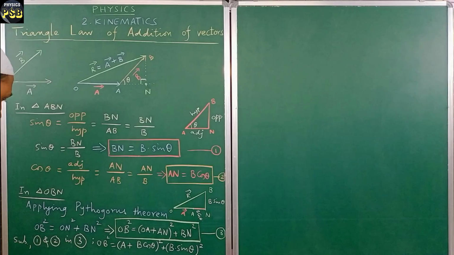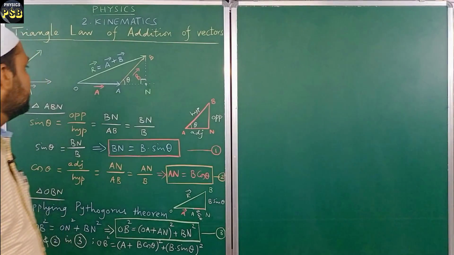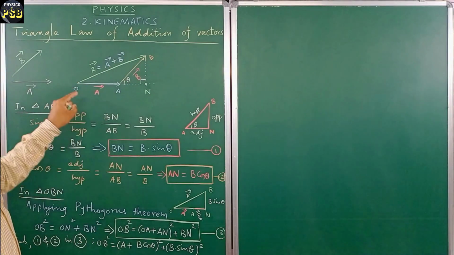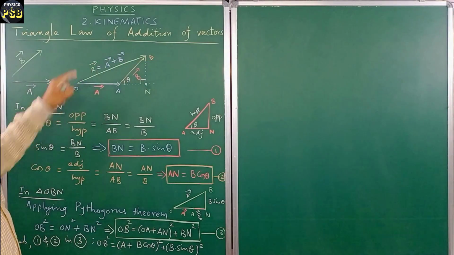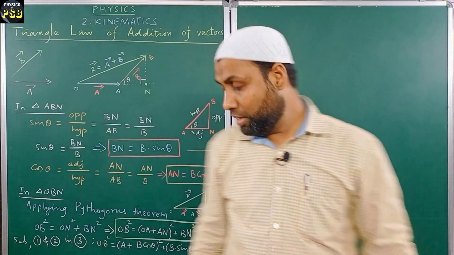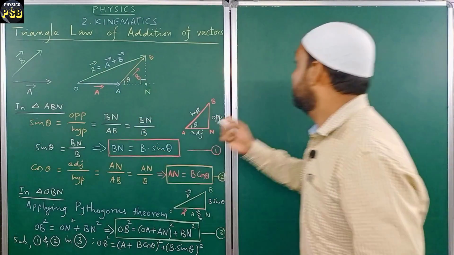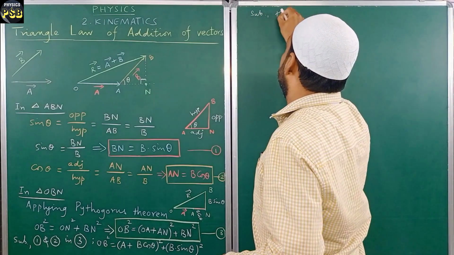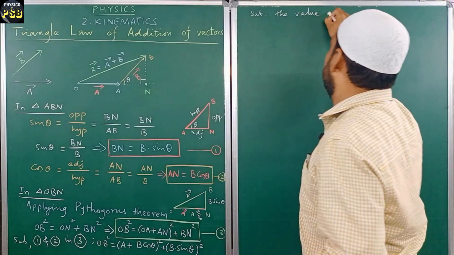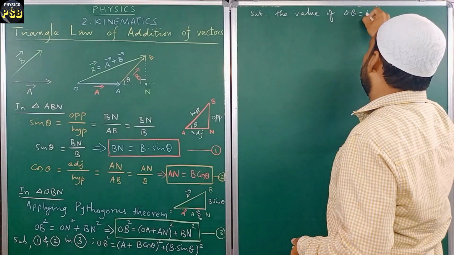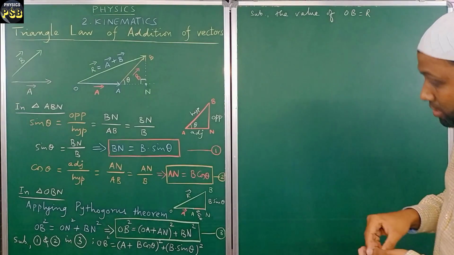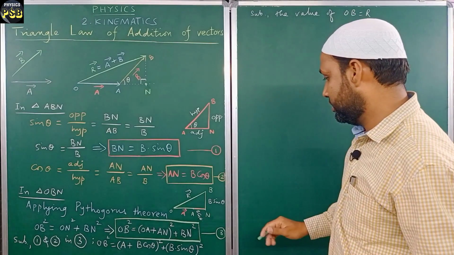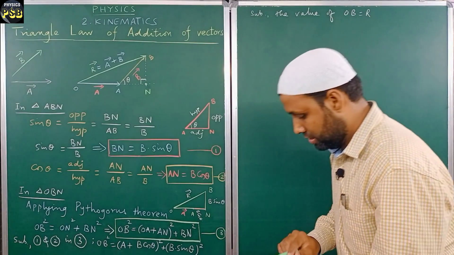This is the value of OB square. If you want, I can also mention the value of OB. OB is nothing but R from the diagram. Substituting OB equal to R, now if I do so, in this equation, what will I get? Now, look at this.